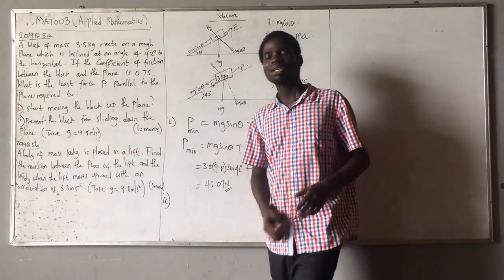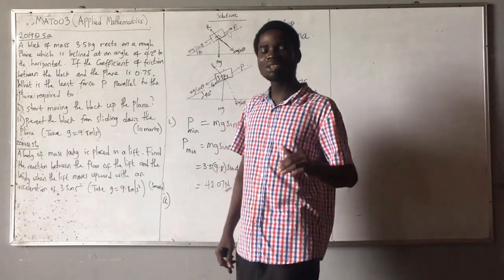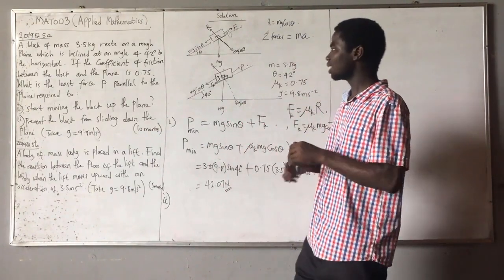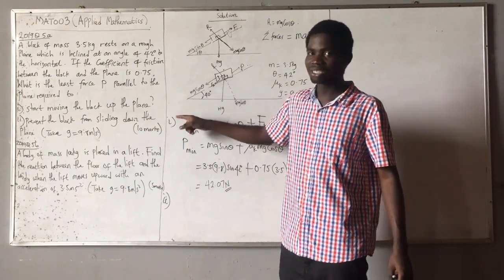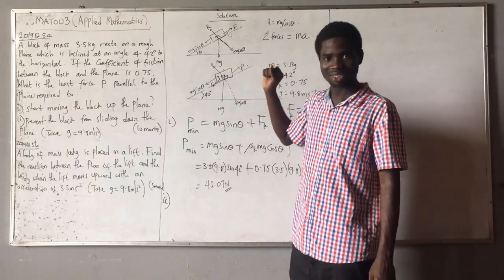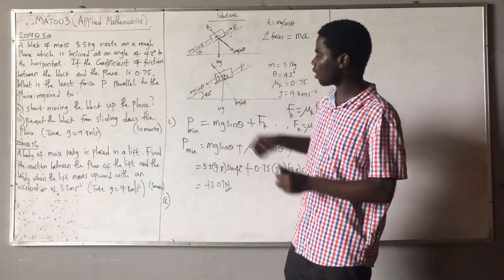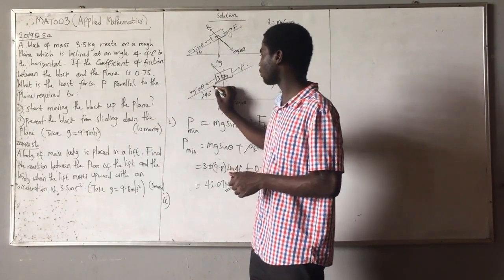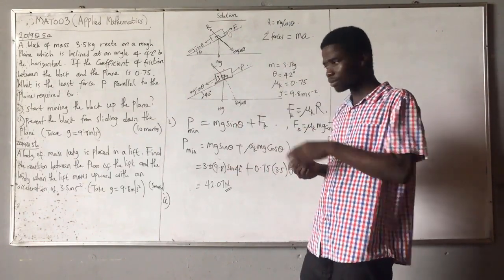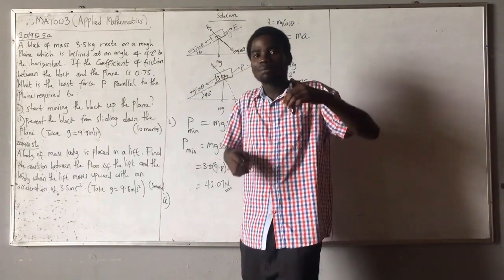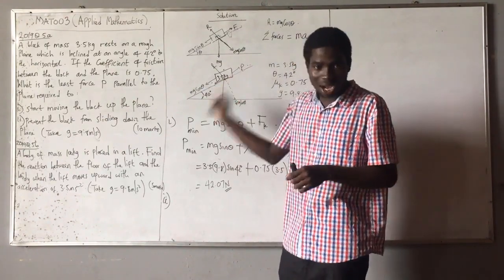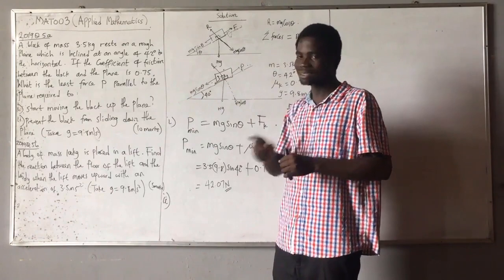What does that mean? To prevent the block from sliding down the plane means that this thing wants to come downward, but there is a force that is pulling it back. Do you understand? And what is the component? See now, I want to show you something for this second example. The component of force that is pulling this thing down the plane is mg sine theta.